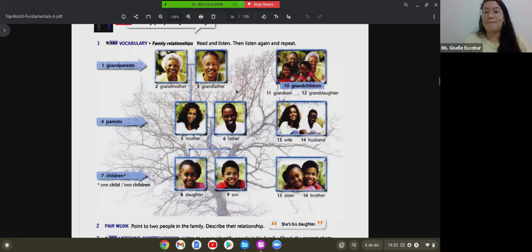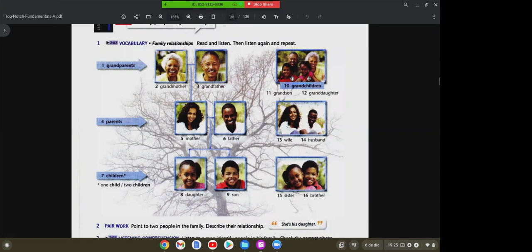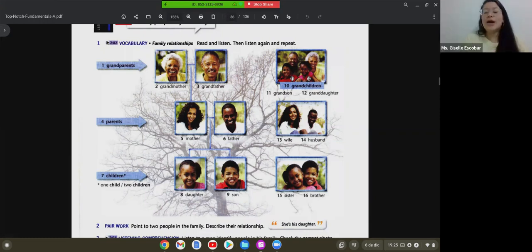Right? Do we get it? ¿Se entiende un poquito? Sí, teacher. Ok, so pongan atención a los possessive pronouns que tienen.